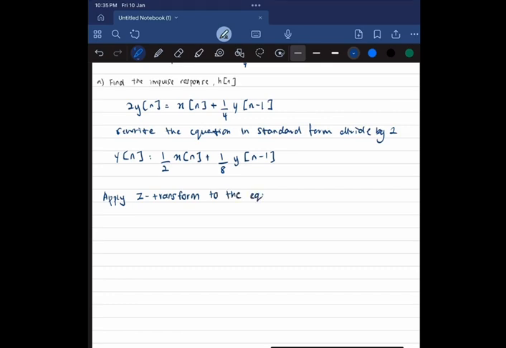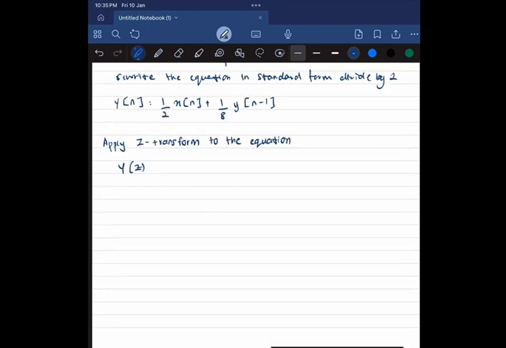So it gives us Yz equals 1 over 2 Xz plus 1 over 8 z to the power of negative 1 Yz. After that, we rearrange to solve for Hz. The given formula for the z transform is Hz equals Yz divided by Xz.